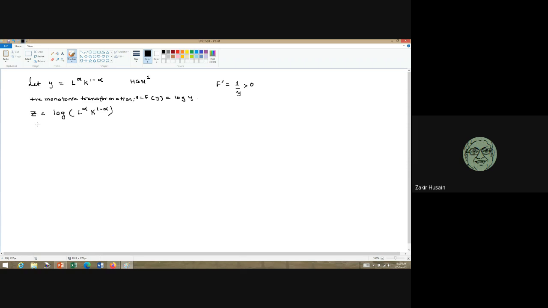Okay, so if we break it up, we are going to get this will be how much? 1 minus alpha log of K. Right. Now, what is the degree of homogeneity of this production function?